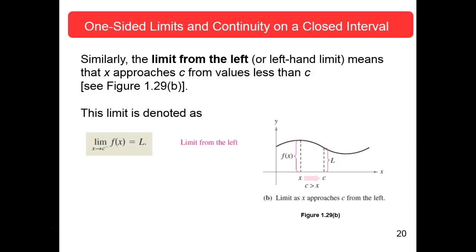Similarly, the limit from the left, or the left-hand limit, means that x approaches c from values less than c, from the left-hand side, from values on the negative side of c.